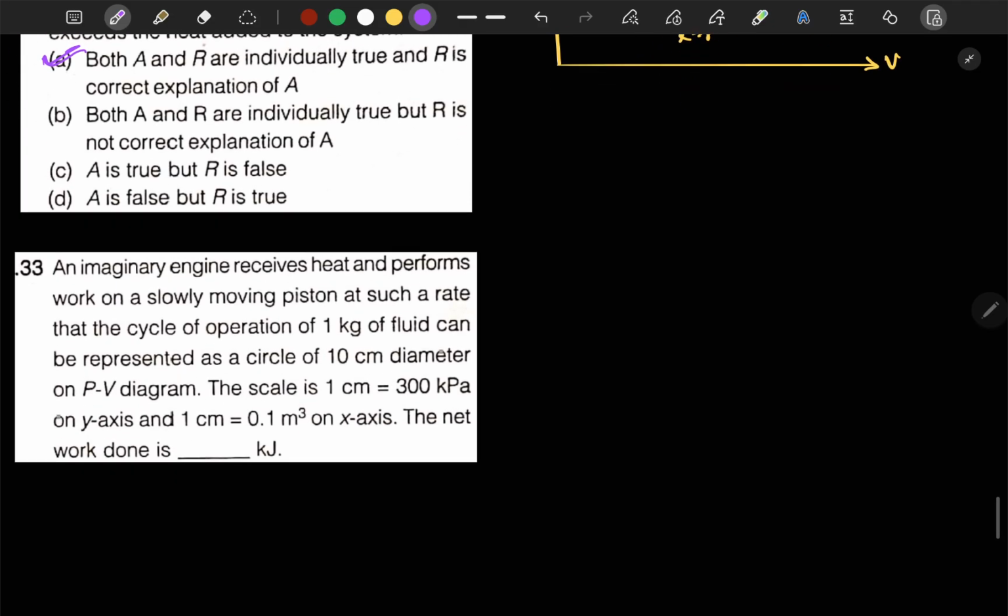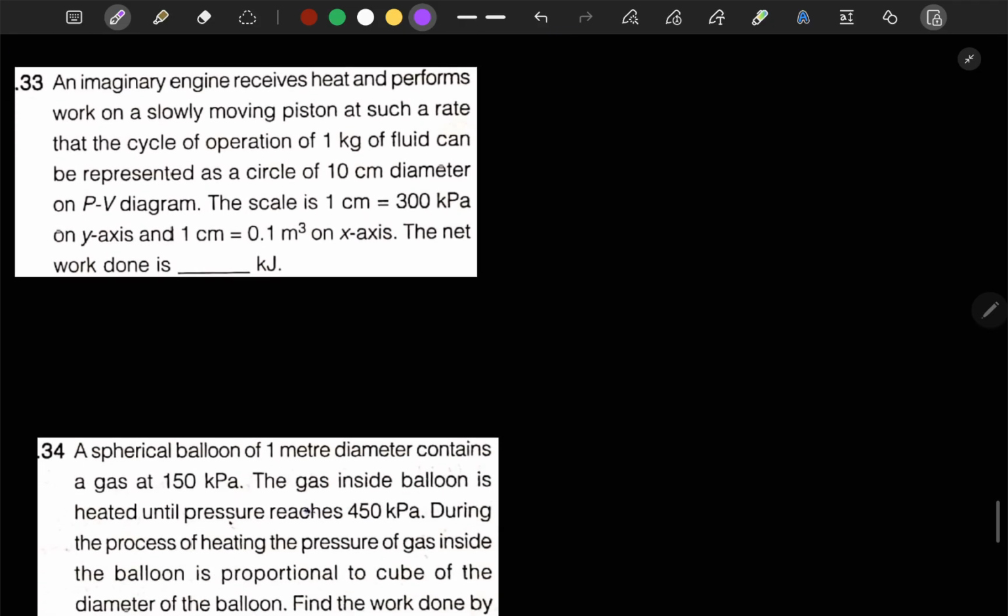Now let's move to the next question. An imaginary engine receives heat and performs work on a slowly moving piston at such a rate that the cycle of operation of 1 kg of fluid can be represented as a circle of 10 centimeter diameter on a PV diagram.